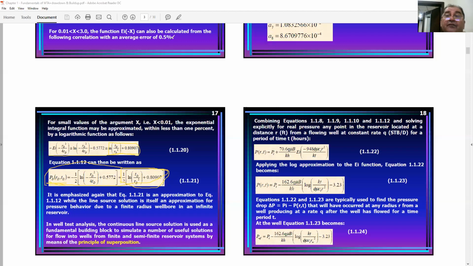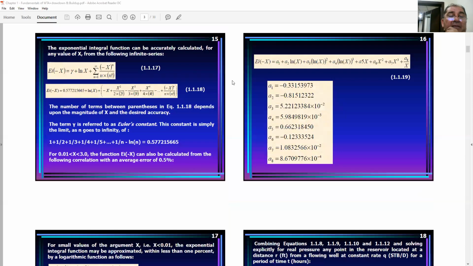This solution is used when the value of x is less than 0.01. How about if x is greater than 0.01? Now we have two options. If x is greater than 0.01 and less than 1, or sometimes less than 3, then you're going to go with this model.